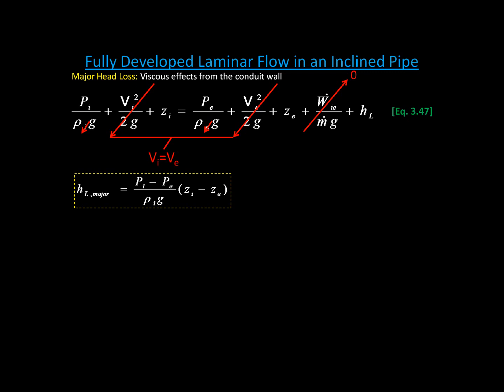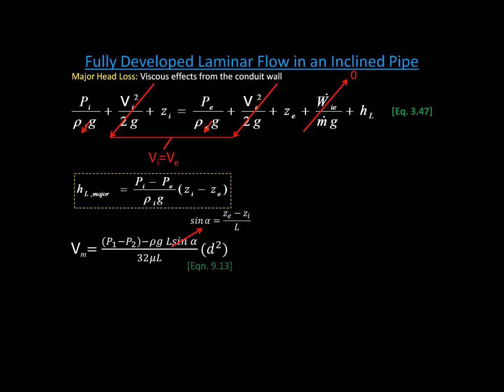Now recall back to a couple lessons ago where we talked about how to derive or calculate, in this case, the mean velocity of fully developed laminar flow. So let's take a look at that equation. Now I'm going to replace this sine of alpha with the definition of sine, opposite over hypotenuse.